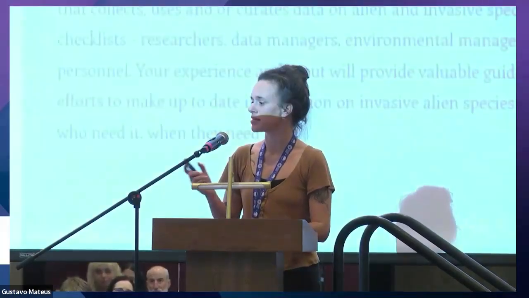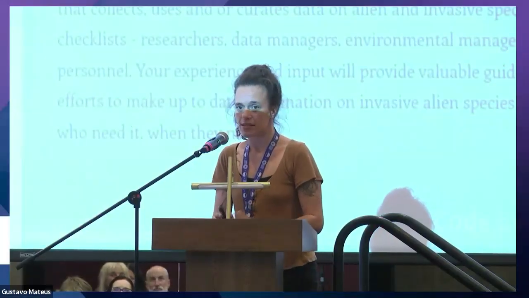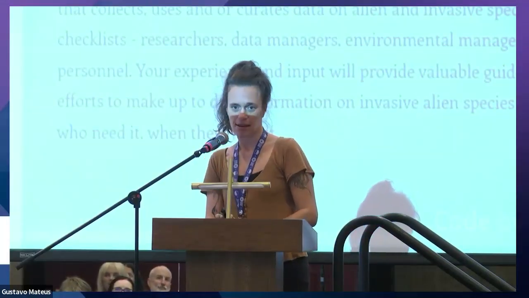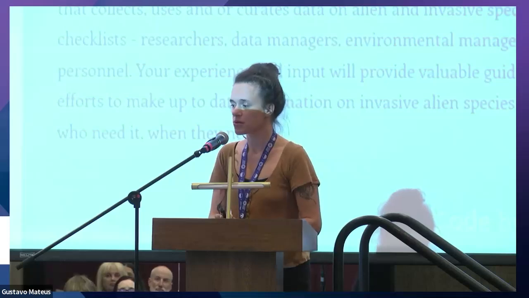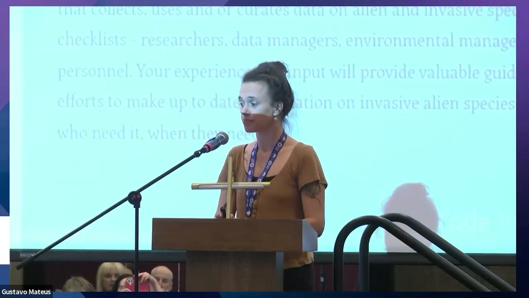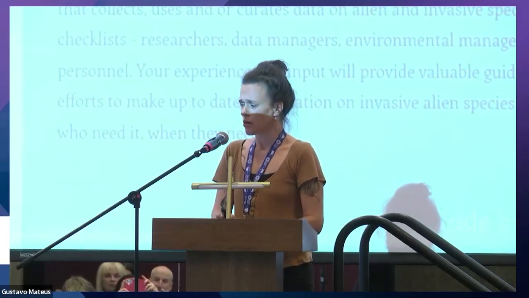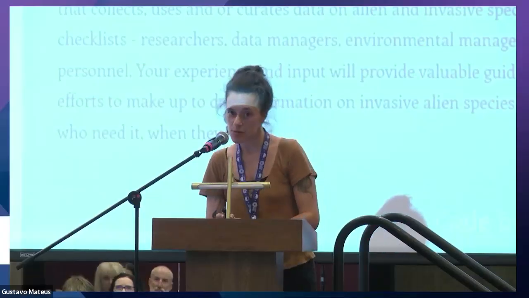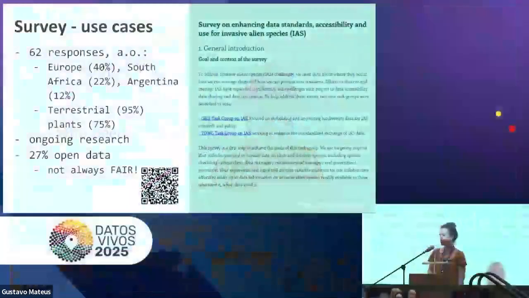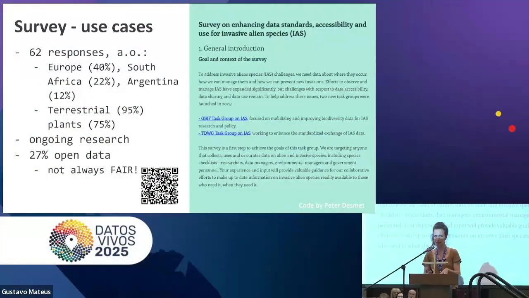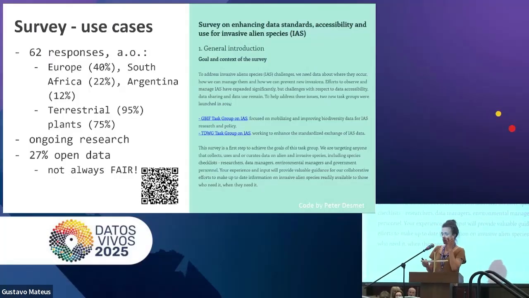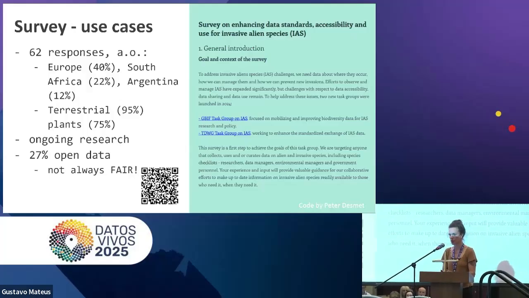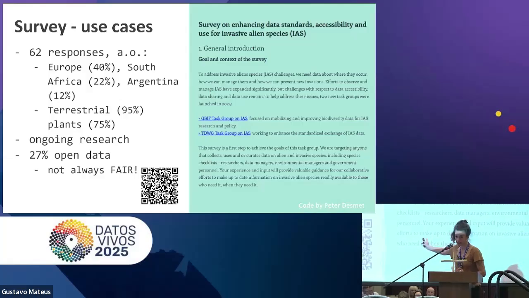And to identify the use cases, we took some time to send around a survey, and we had 176 responses, combining questions about standards with questions about the use of GBIF. Specifically for the standards part, we had 62 useful responses, and it's still open.